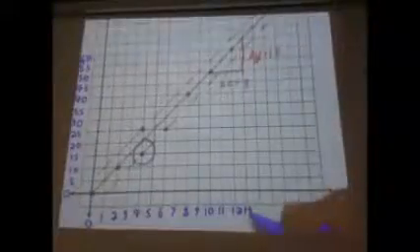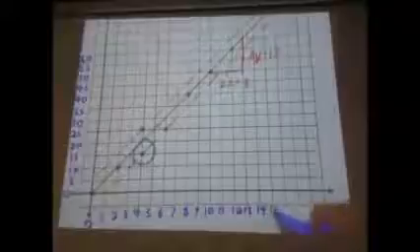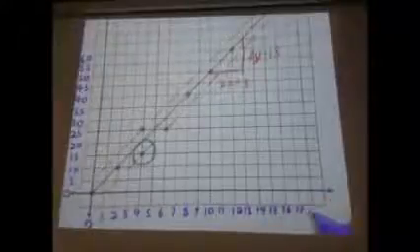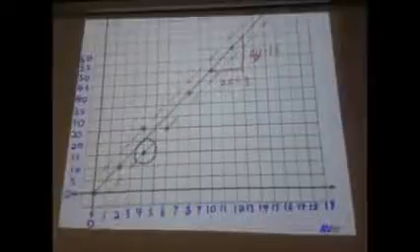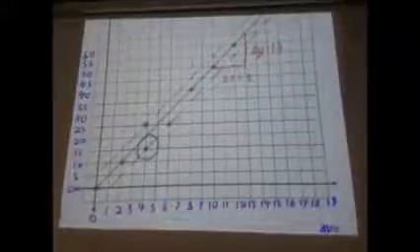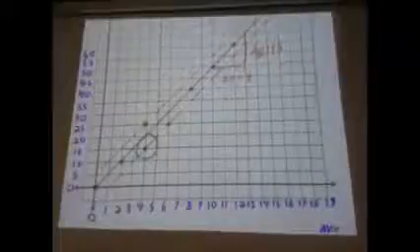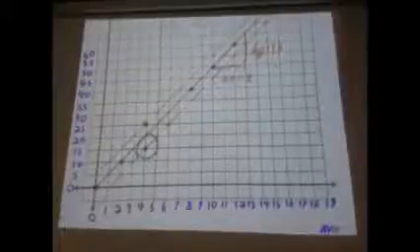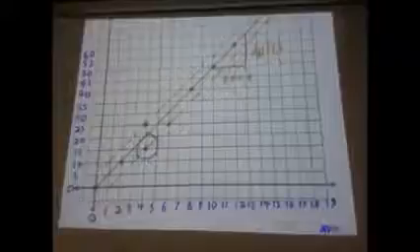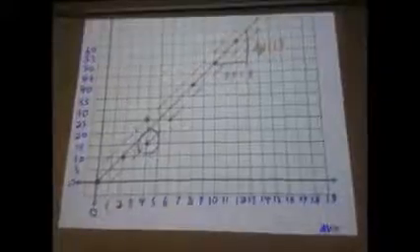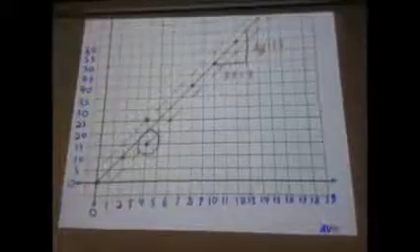So 13, 14, 15, 16, 17, 18, 19. Oh, we don't get to 20. So let's cross this out and do it instead for 15 centimeters.